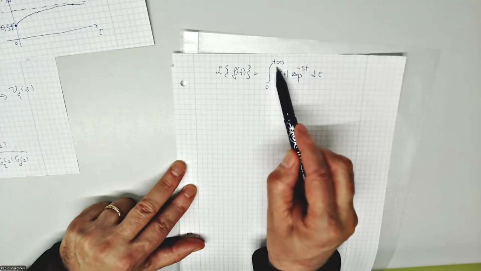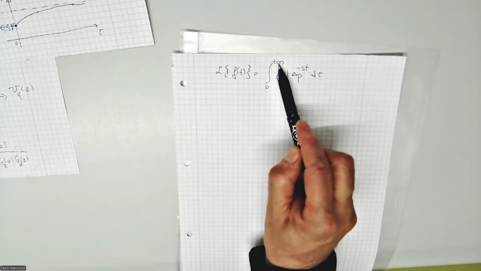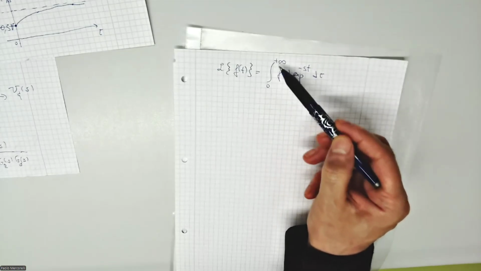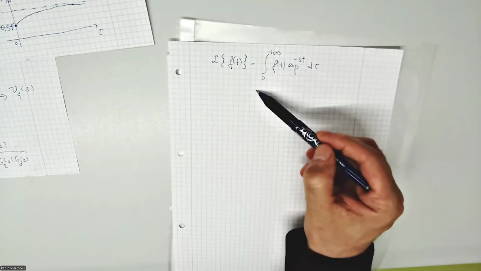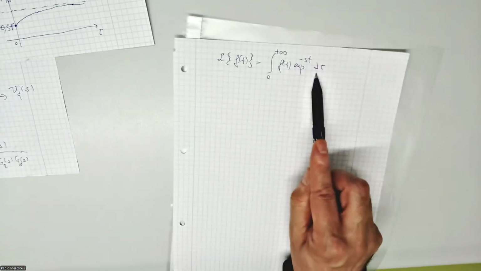Erroneously, I told you t here, but it's not so wrong, in the sense that the integral is defined in time. This means these two elements are in time because it's defined in time.